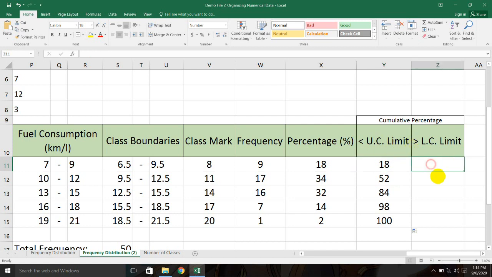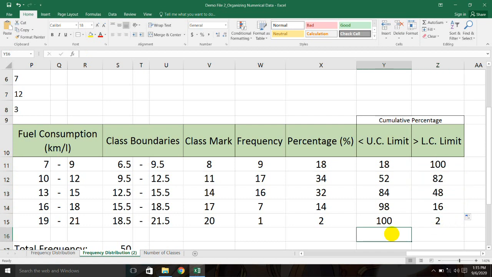Now, for the greater than, we all know that we need to start with the 2 here, because we're looking at the values greater than the lower class limit. So we need to use the formula again for the starting point as 2. Then this time we add 2 and 14, plus 14, this one. Following the same pattern will give us these values.